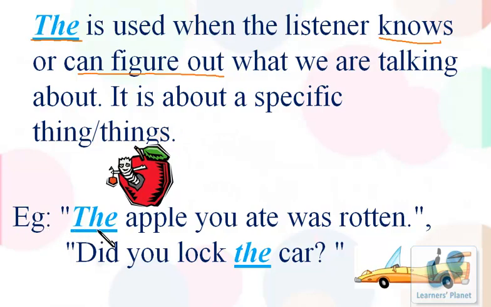Let us see the example. The apple you ate was rotten. Or did you lock the car? So over here, we aren't directly telling the listener exactly which apple, which car, but as we are talking about something that has happened in the past or we're asking something, the listener is able to relate to the topic and can figure out what we are talking about.